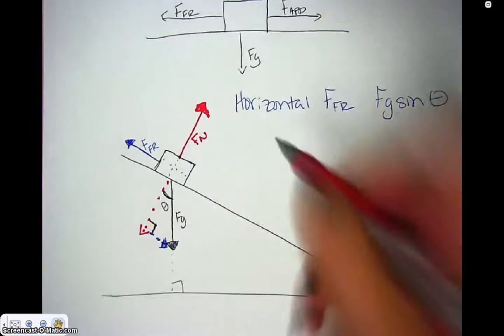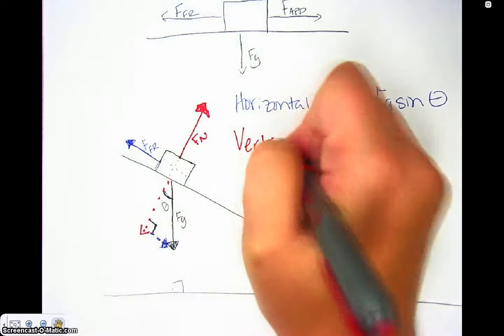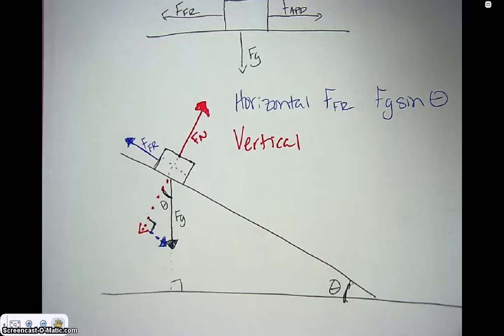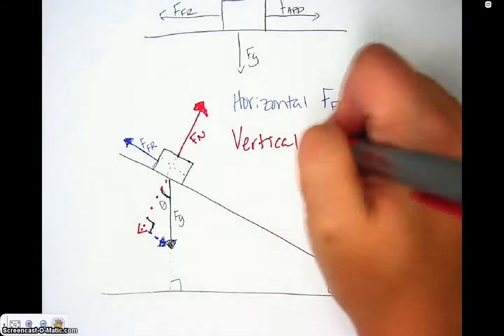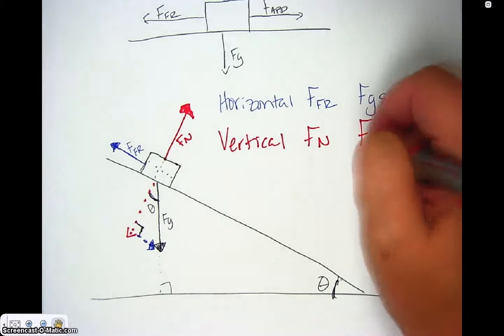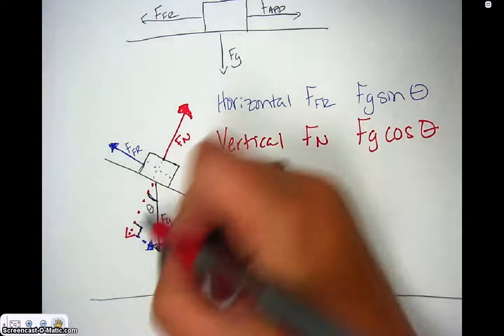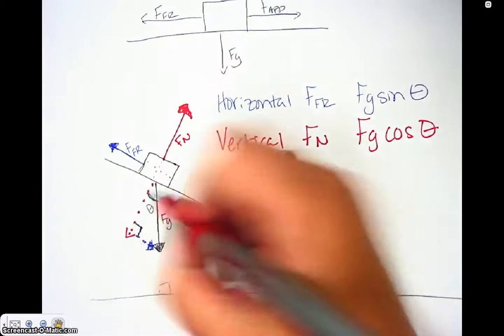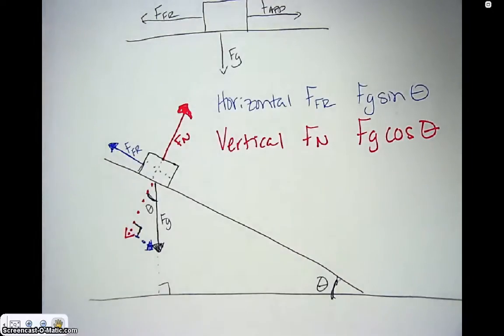Whereas my vertical components would be Fn, or my normal force, and Fg cosine of theta, because this side here would be adjacent to the angle, right?